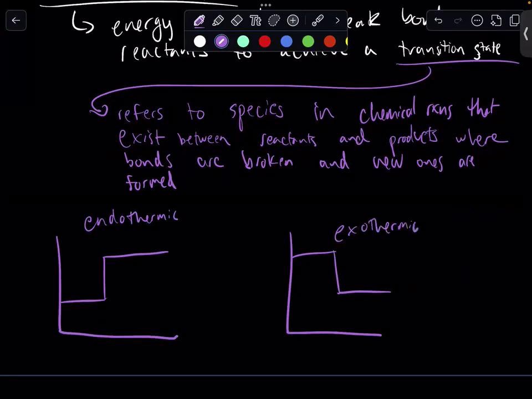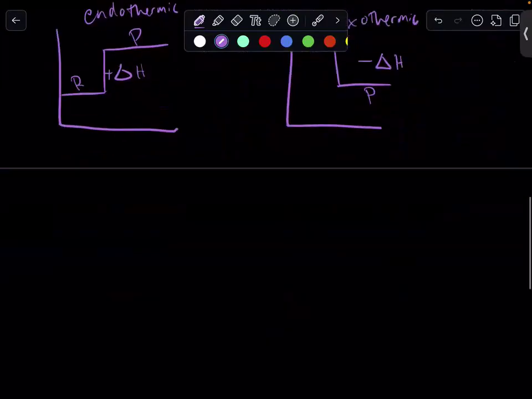And we would refer to the increase in delta H. So this would be a positive delta H. This would be a negative delta H. And this would be our energy profile diagram. We would know that our reactants and our products are reactants and our products, and that's all we would really have. But this isn't actually what an energy profile diagram looks like.